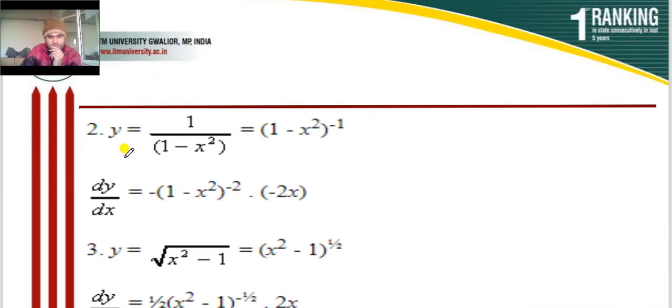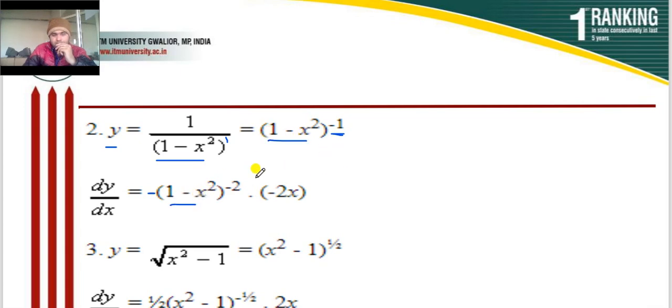Then we see the previous question, y is equal to 1 upon 1 minus x square. Its power is 1. Okay, so when it goes to the numerator, its power will be minus 1. We will do this simply by the second method. So we write this minus 1 power here in the front side, minus 1 into this whole function and its power nx to the power n minus 1. Minus 1 minus 1, so that will be minus 2. Then the inside function we have to differentiate.